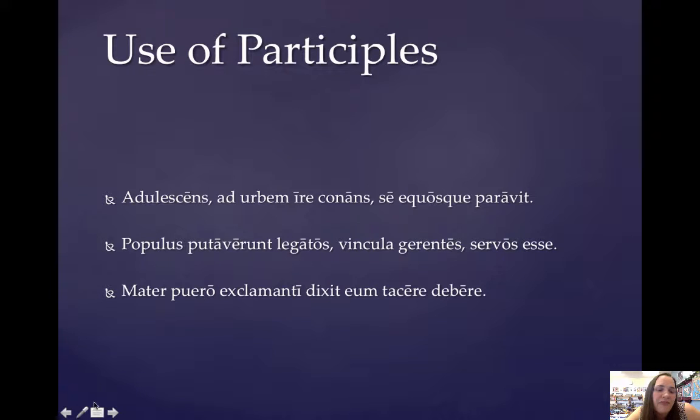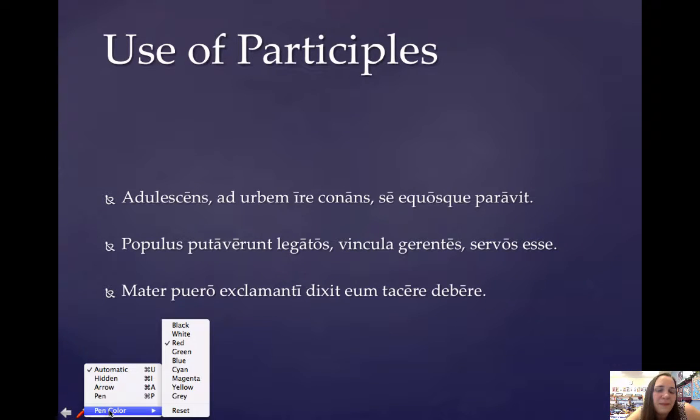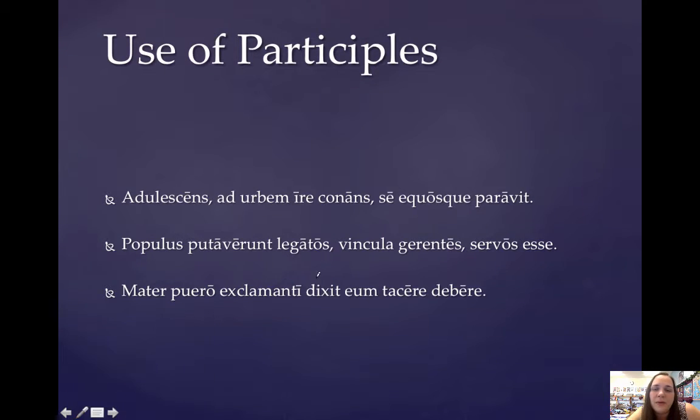Now, we also have this participle, conans, which is describing adolescens, which we know because, of course, both of them are nominative singular, in this case masculine, but nominative singular. So we know that it's the boy, conans, trying to go ad urbem, to the city.